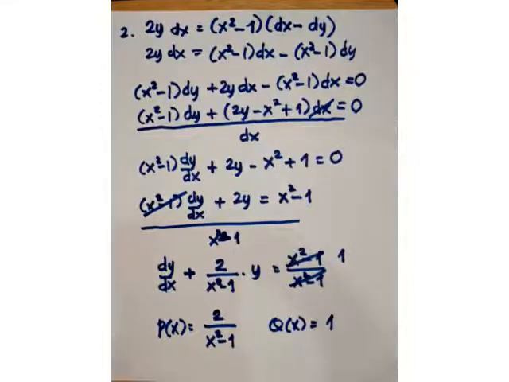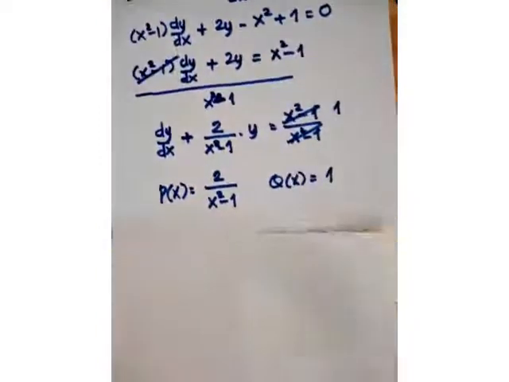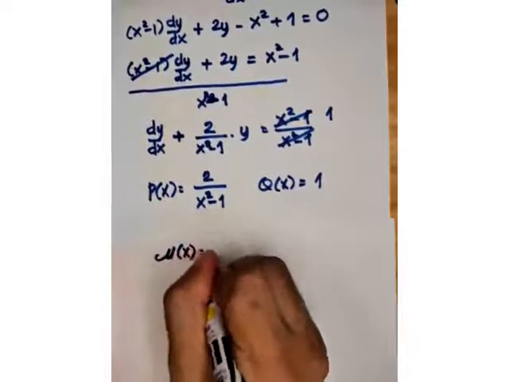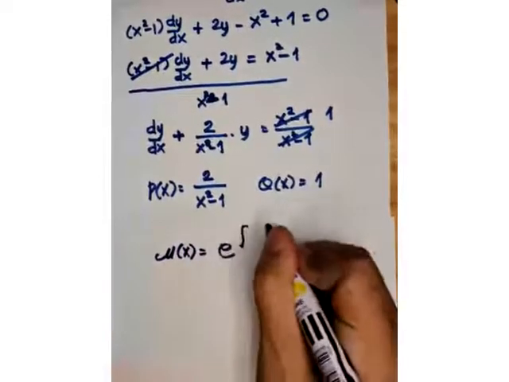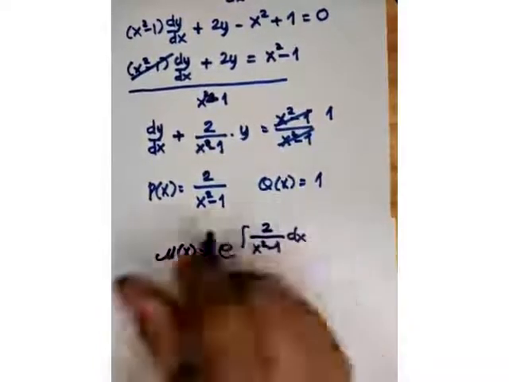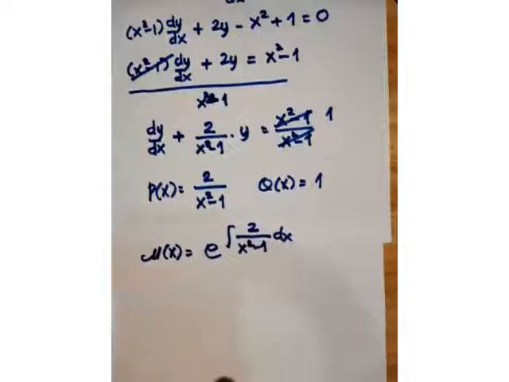Wala. Okay, let's continue. Okay, after we found our p of x, now we're ready to find the integrating factor. And that's equal to e raised to the integral of 2 over x squared minus 1 dx. Ayan. So how will we integrate that? Is it ln?